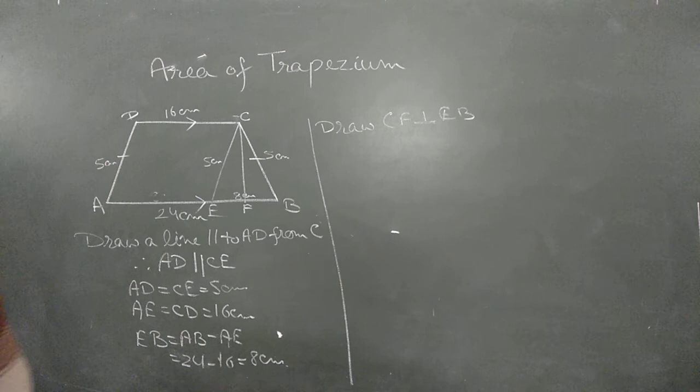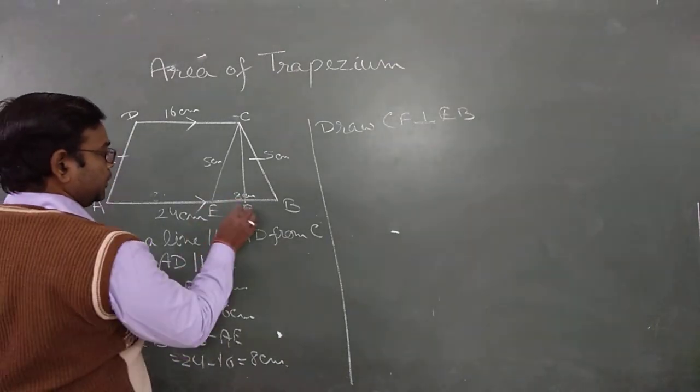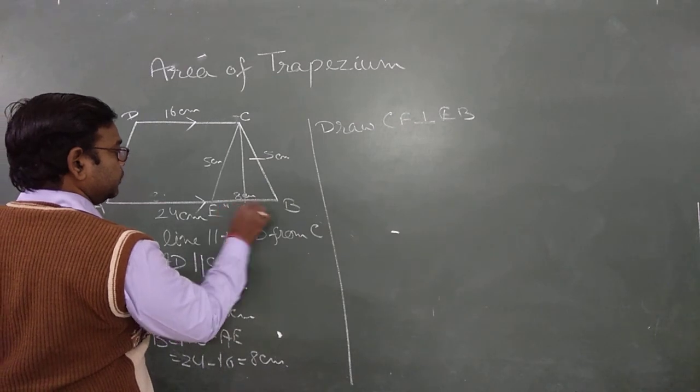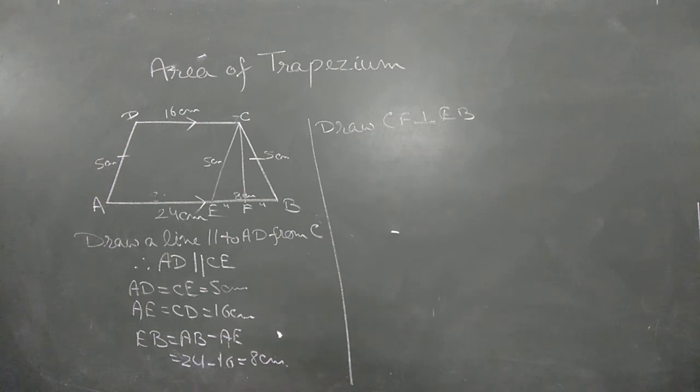So this divides the side 8 into 4 and 4. So from this we can easily find out the height CF.